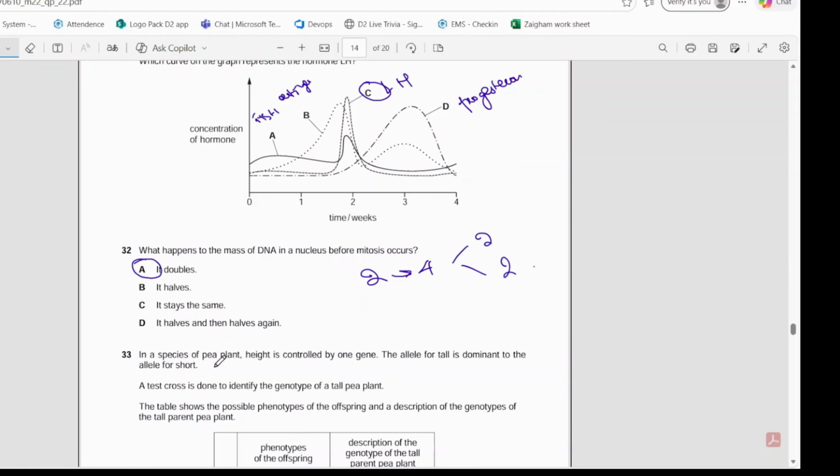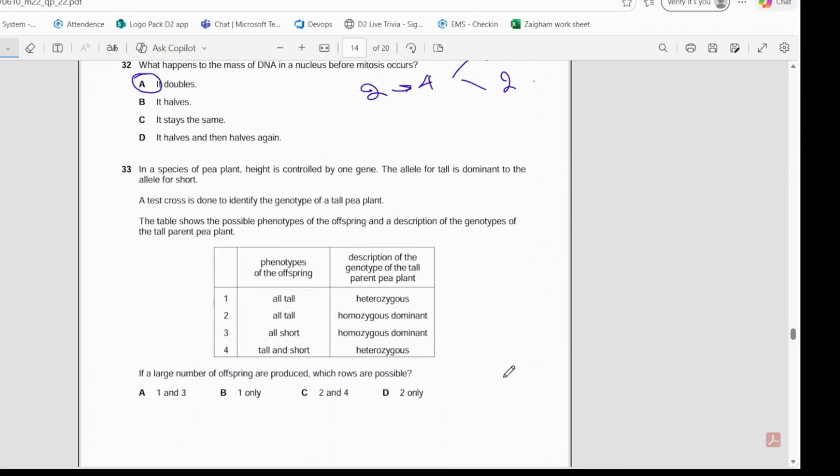Okay, in a species of pea plant, height is controlled by one gene. The allele for tall is dominant, and this one is for short. Let's say it's for tall, it's for short. Okay, a test cross is done to identify the genotype of the tall pea plant. The table shows the possible phenotypes if a large organism's offspring are produced.